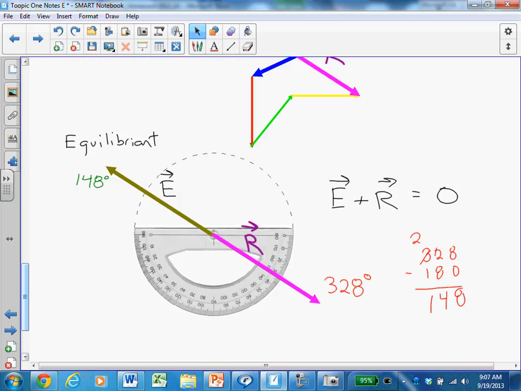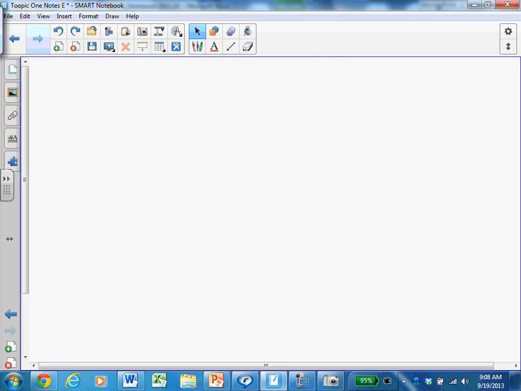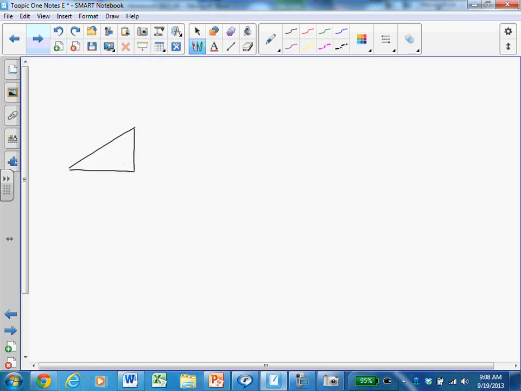Trigonometry and vector components. Did you find trigonometry confusing? But of course you're doing it in math too, right? So if we have a right triangle, first off, let's say like this, a right triangle, and we need a symbol for our angles.